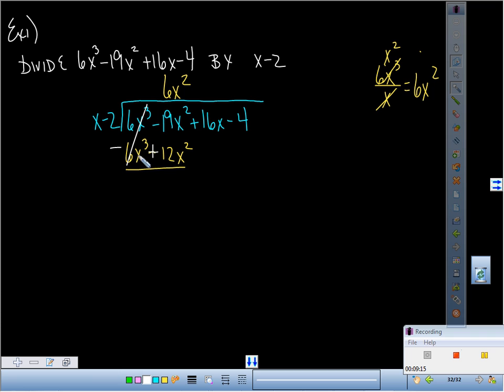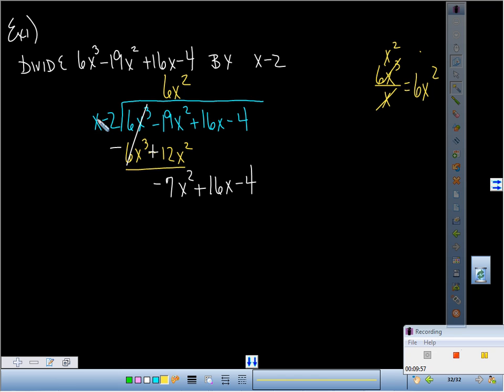Something wrong. When it does cancel out, then I go, whoa, at least I'm on the right track. Okay, as long as I didn't make a careless error, I'm good. What's negative 19x squared and a positive 12x squared? And then we just write down everything else. Plus 16x and minus 4. And then we start all over again.